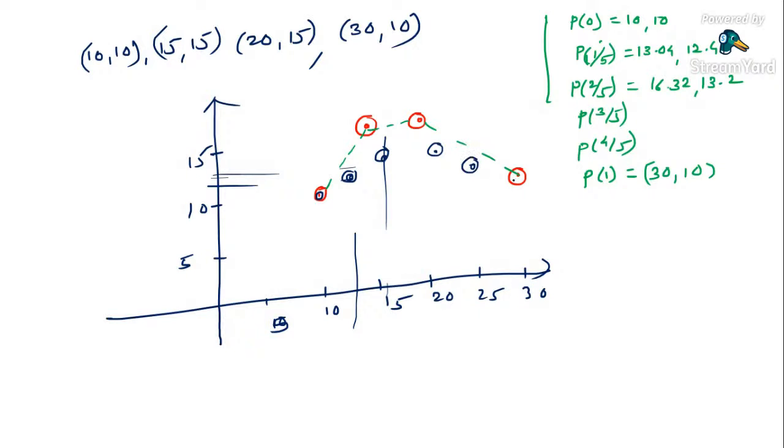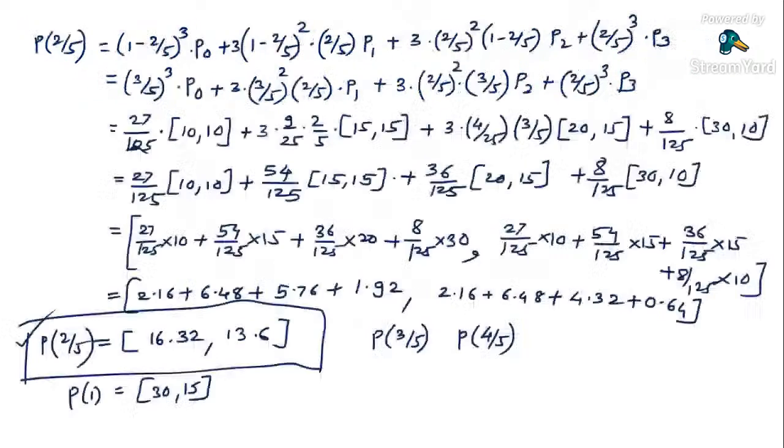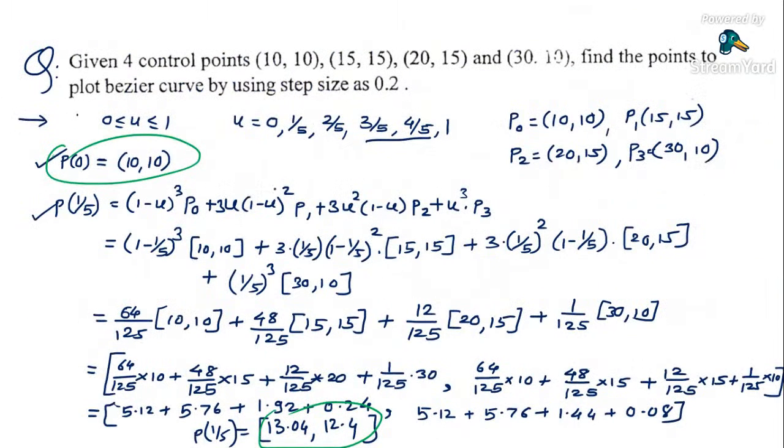Those we have not calculated, but somewhere here you will get them. And finally it is 30, 10. Now join those points. So this is nothing but a Bezier curve you have drawn. You found the Bezier curve by using this equation, so you must remember the equation and find the points. This is how the problem on Bezier curve will be solved.